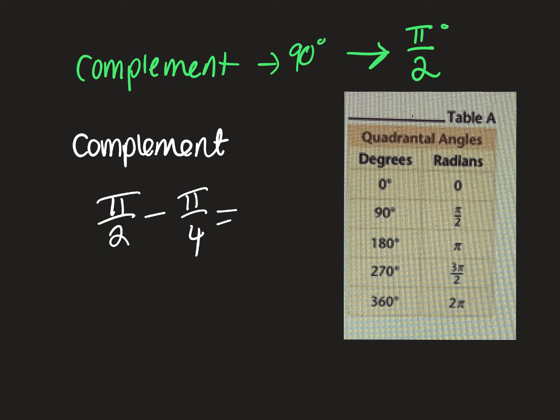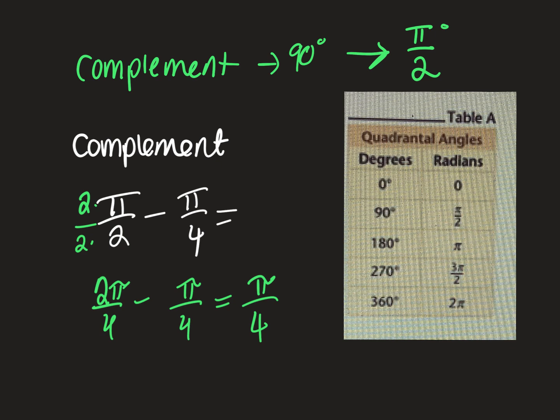I think you all have the Desmos ones at home, but you can do this crazy thing called getting a common denominator. You're going to multiply top and bottom here by 2, so you get 2 pi over 4 minus pi over 4. So the complement of that would be pi over 4.